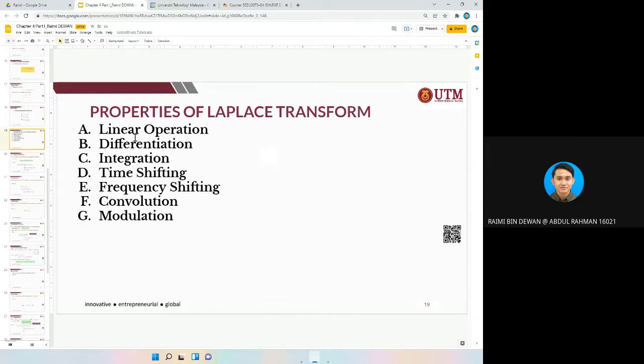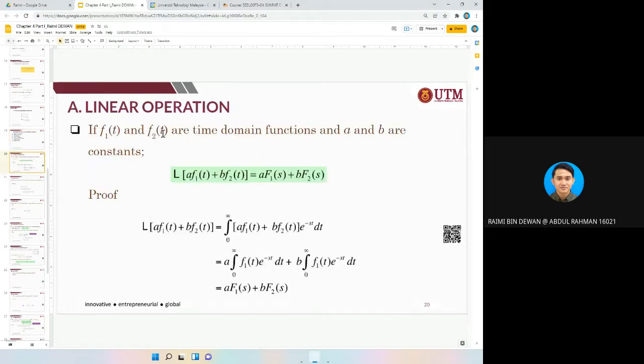The same as before, the properties are linear operation, differentiation, integration, time shifting, frequency shifting, convolution, and modulation. For linear operation, if f1(t) and f2(t) are time domain functions, and a and b are constants, then the Laplace transform of a f1(t) plus b f2(t) equals a F1(s) plus b F2(s).